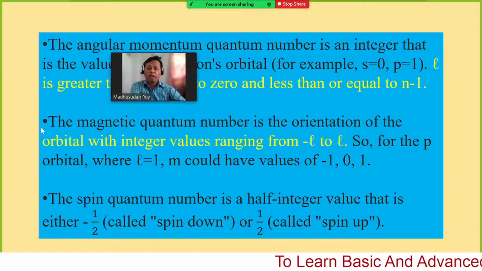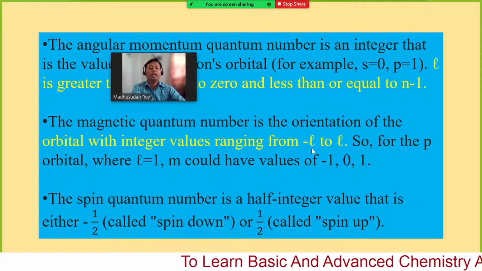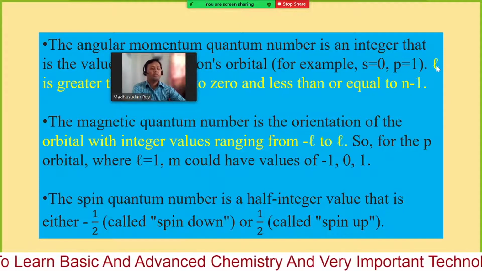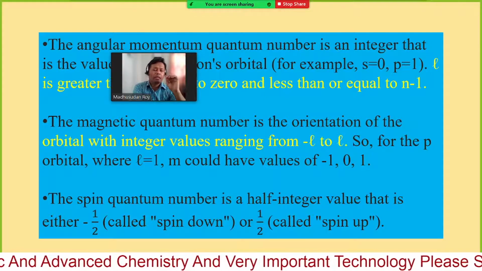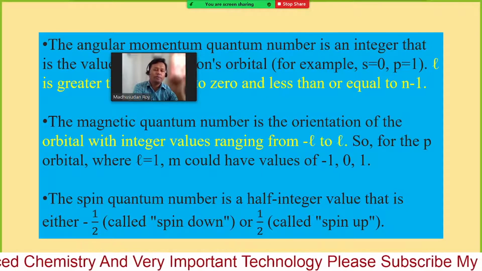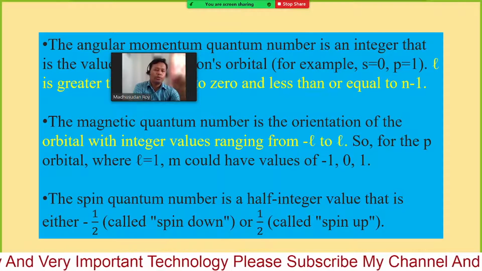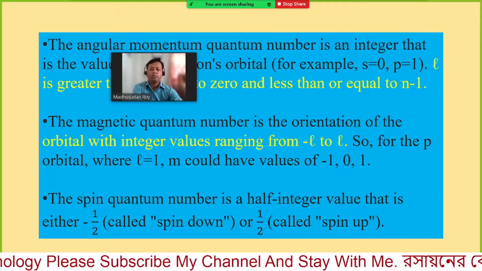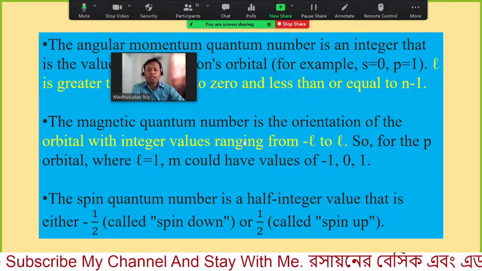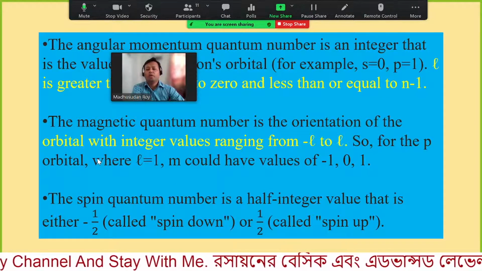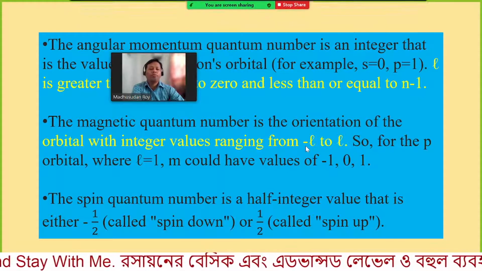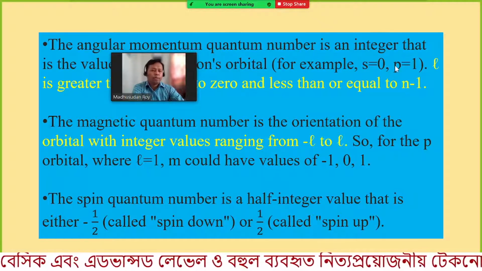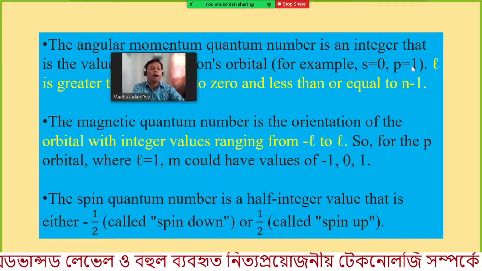For the magnetic quantum number we will have the values from minus L, then minus L plus 1, then minus L plus 2, and so on, then 0, 0 plus 1, 0 plus 2, up to L. So for the p orbital, the value of L is 1.